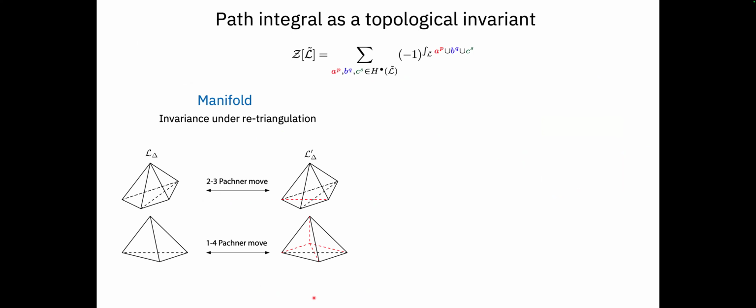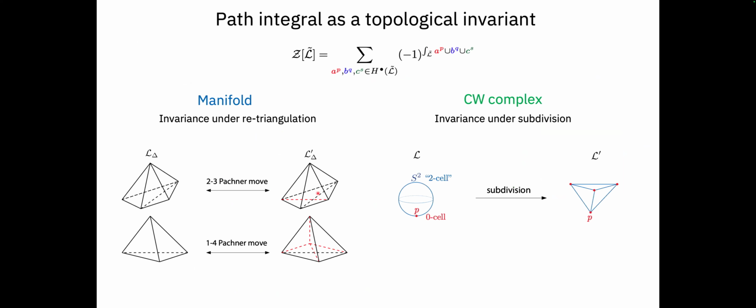And then we also know that in the manifold case, the path integral is invariant under retriangulation of the manifold. Here we have a similar notion of invariance, which you can think of as subdividing the CW complex. For example, in this case, I'm dividing it into a simplicial complex by adding vertices and edges to the two cells.